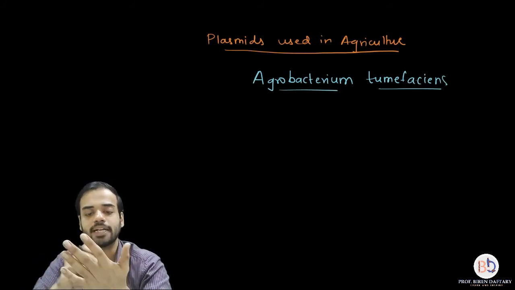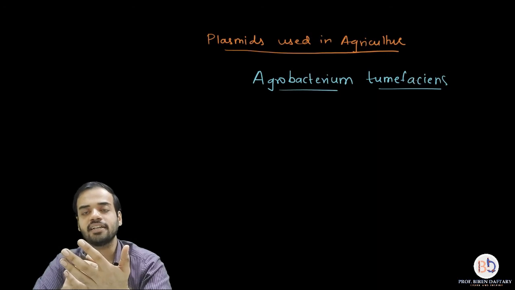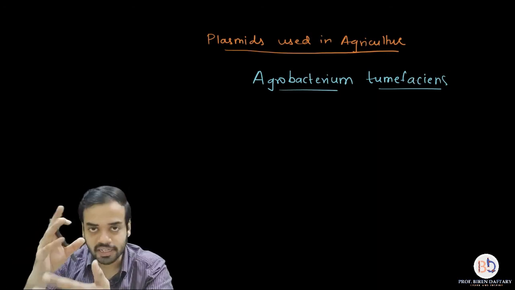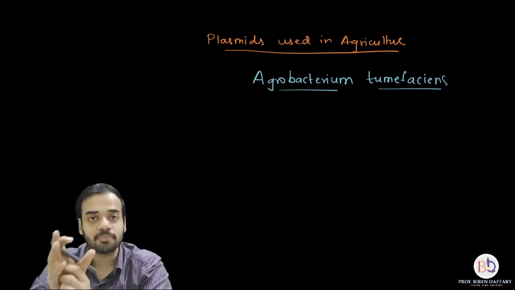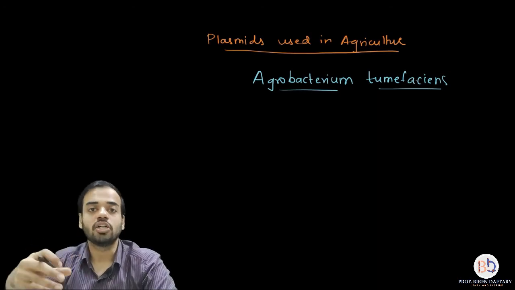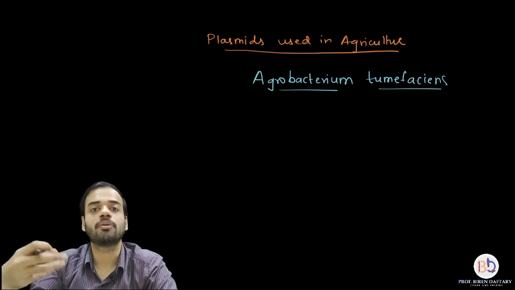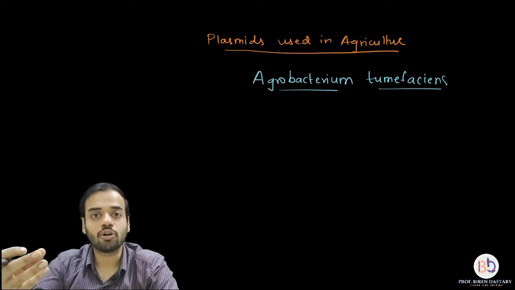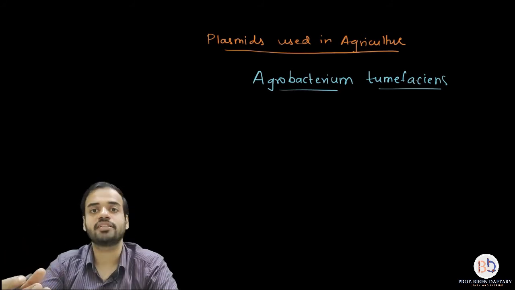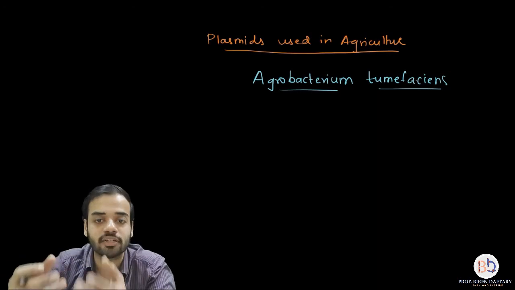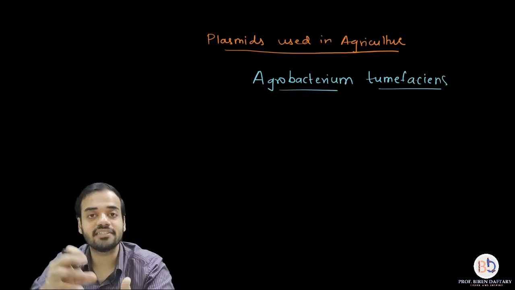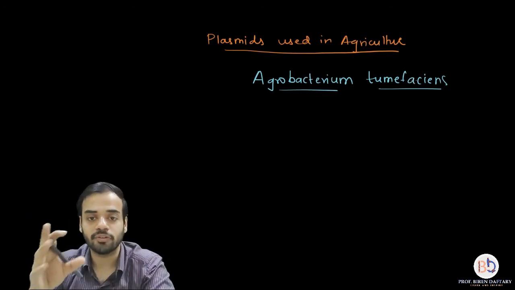This bacterium causes damage to plants. Please remember this, because this bacterium causes tumors to grow in the plant. It causes cancerous tumors to grow inside the plant, and that destroys the plant. That is done by Agrobacterium tumefaciens.